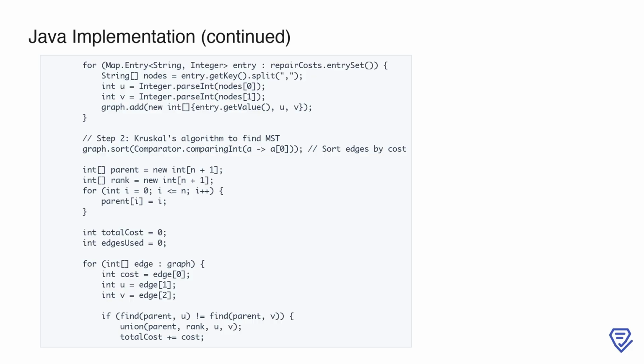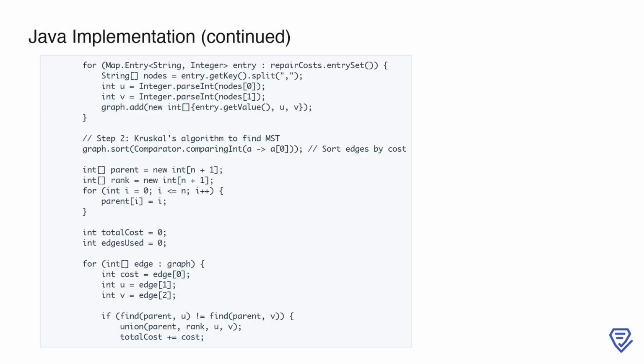Using the entries in the repair costs map, we split each edge key to retrieve its nodes, then convert these string values into integers. These edges, along with their associated repair costs, are appended to the graph list. With the graph prepared, we move on to applying Kruskal's algorithm to find the minimum spanning tree, or MST. The graph is sorted by the cost of the edges to ensure we process the least expensive edges first.